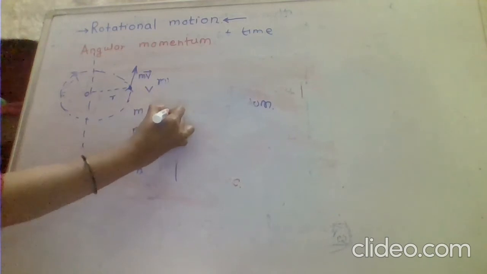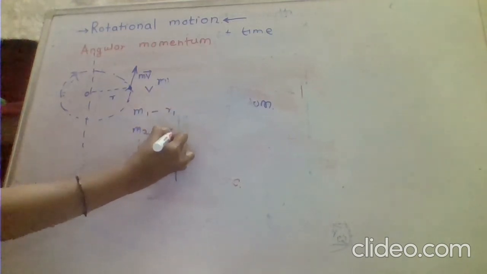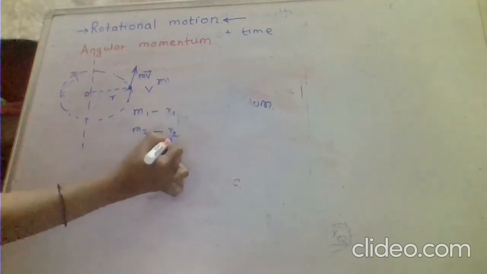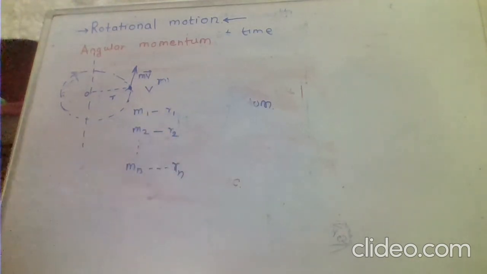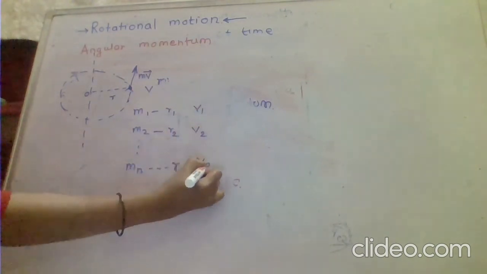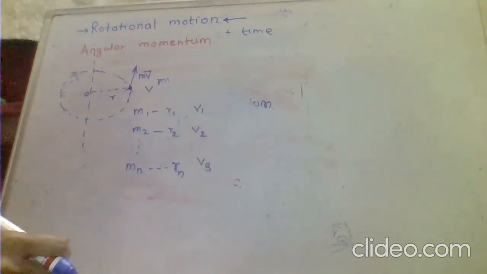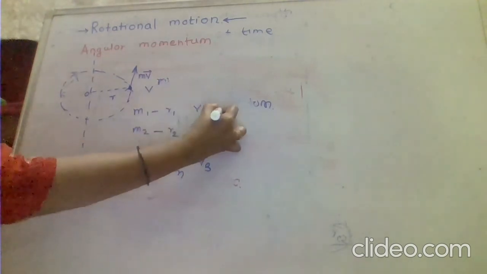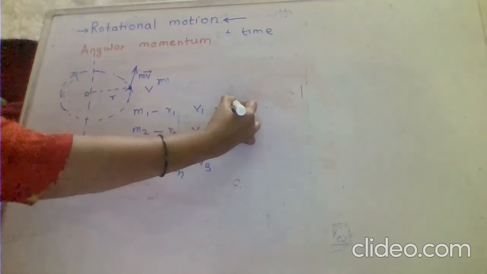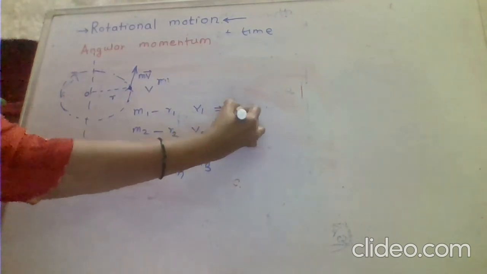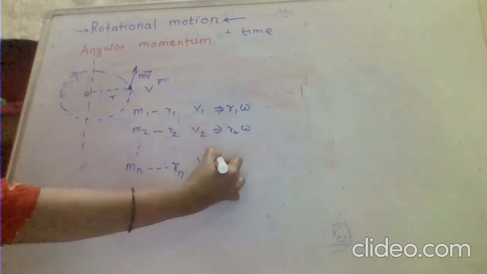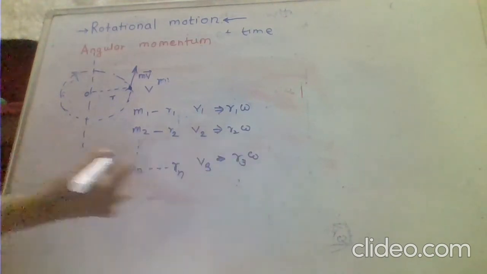The perpendicular distances of those point masses from the axis of rotation are r1, r2, up to rn. v1, v2, v3 are the linear speeds of the particles. The linear speeds are v1 equal to r1 omega, v2 equal to r2 omega, v3 equal to r3 omega.